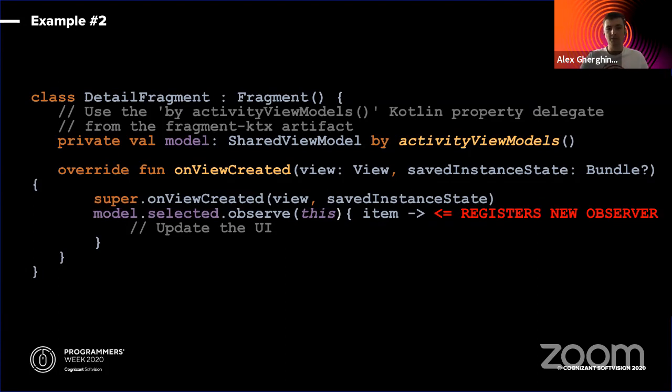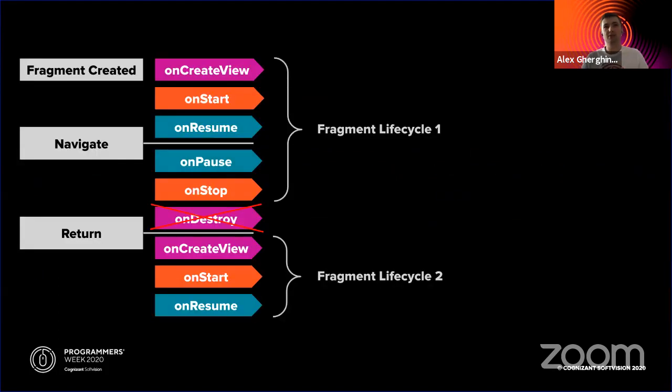Why is this happening? Because even though the fragment is not destroyed, it actually goes through some kind of configuration change from its point of view. It has multiple lifecycles. It's created, resumed, and stopped when we leave it, and then it's again created from its perspective when we return.